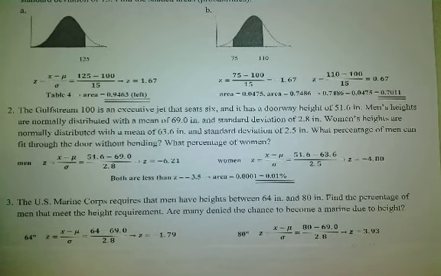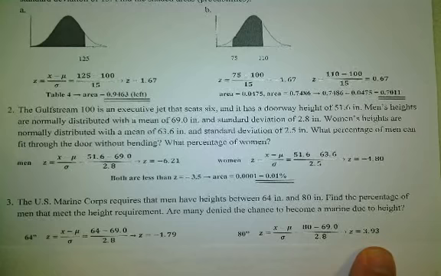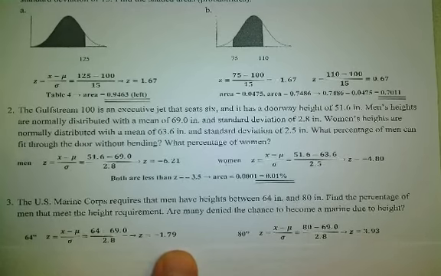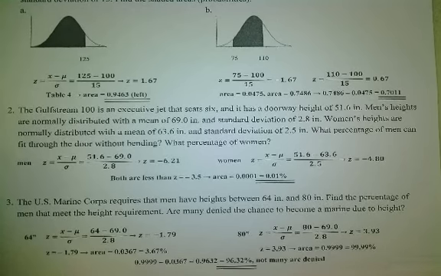So again, we turn our various heights into z-scores. 64 minus the 69 over 2.8, that's a negative 1.79. For the 80 minus 69 over 2.8, that's a 3.93. Again, when we're above the mean, we get a positive z-score. When we're below the mean, we get a negative z-score.